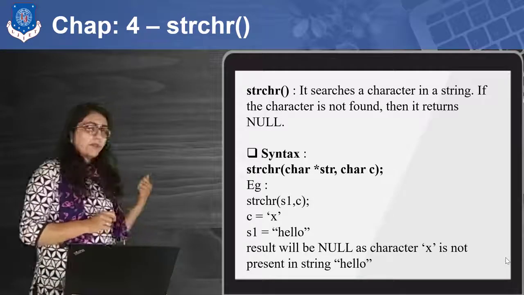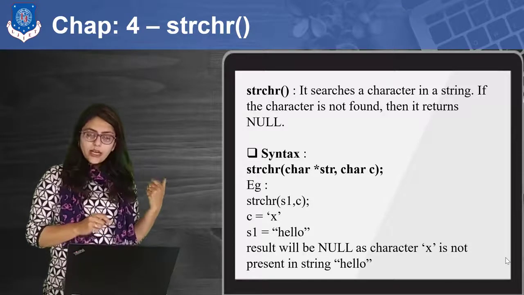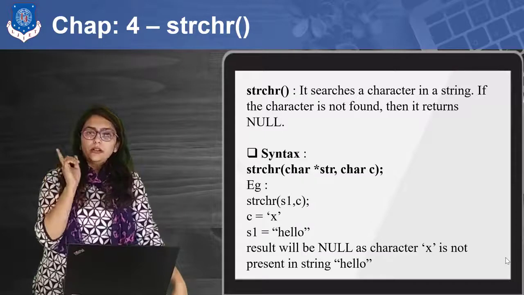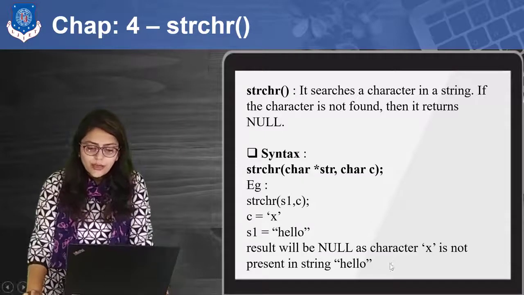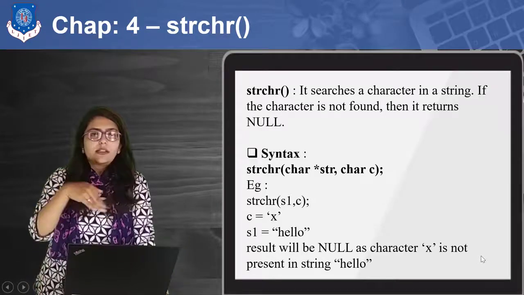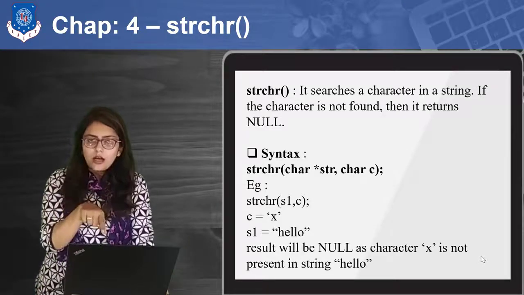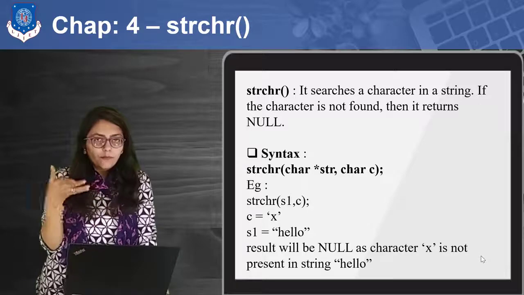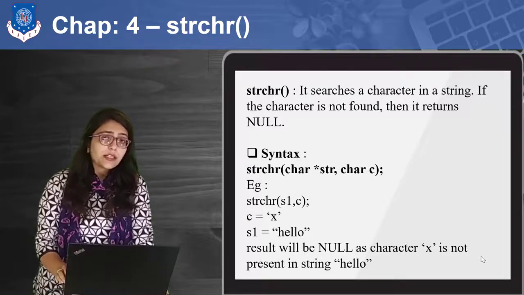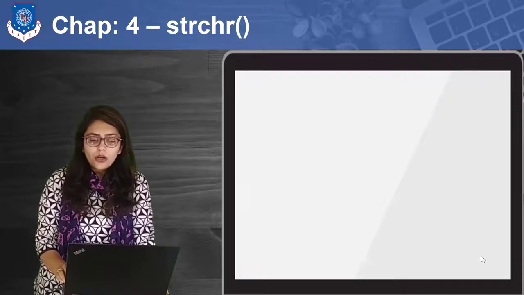If the character is present inside the string, then it will not return null, otherwise it will return null. So the result will be null as character X is not present. So if the character is not present, it will return null, otherwise it will return some value. Based on this condition, I can check whether this character is present inside our string or not.